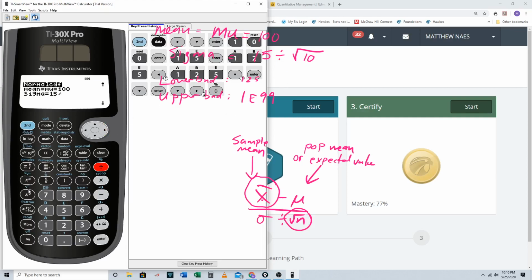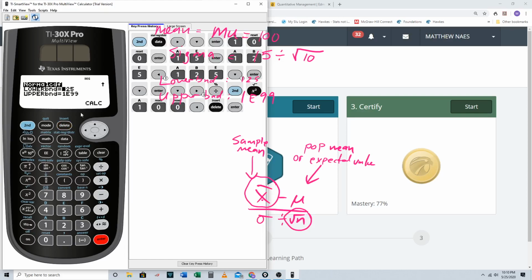To do the square root, it is right here. Be careful because there's a difference between the box with the square root versus just the square root symbol. You just want to use the square root symbol. So second x squared, and then you plug in 10. Nope, not 100. You don't actually have to close the parentheses. You can just press enter.